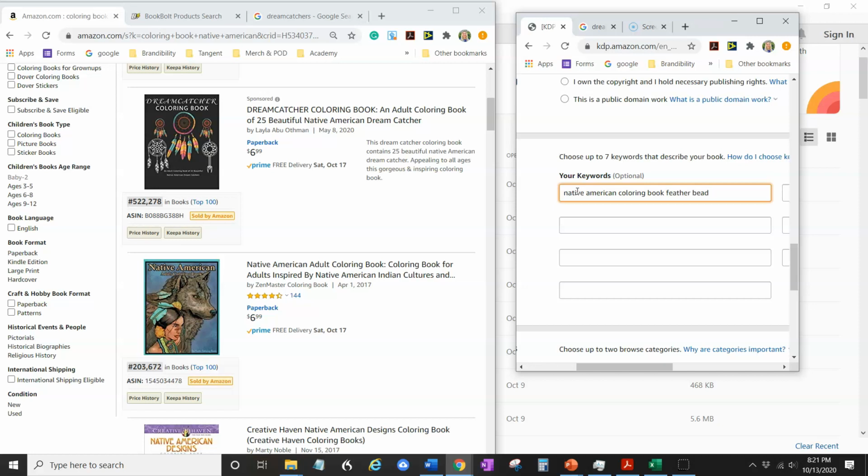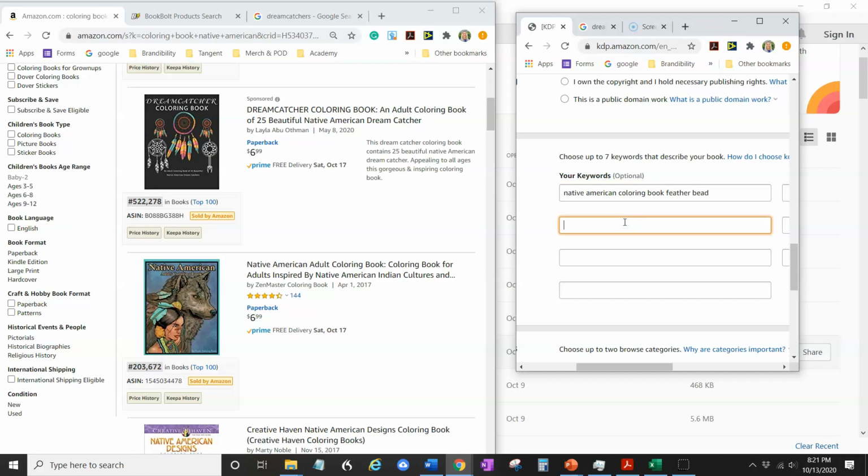In your title, this one says Native American designs. Yes, you'd want to include designs because that would be grammatically correct and this is your title. But in the backend keywords, do not worry about being grammatically correct.